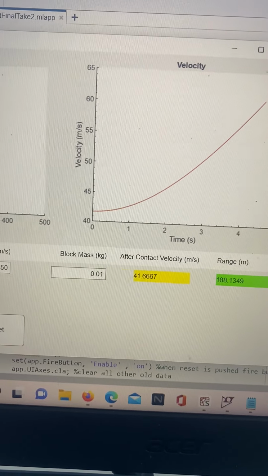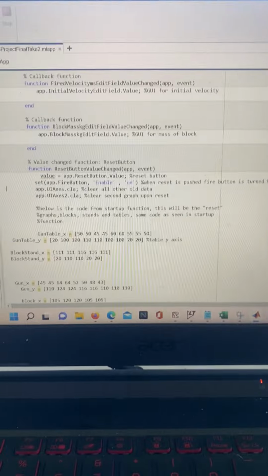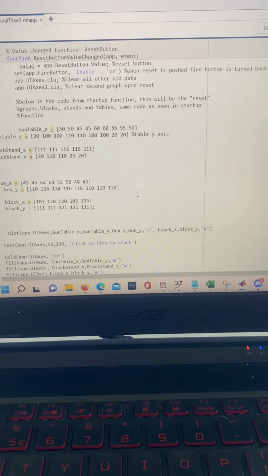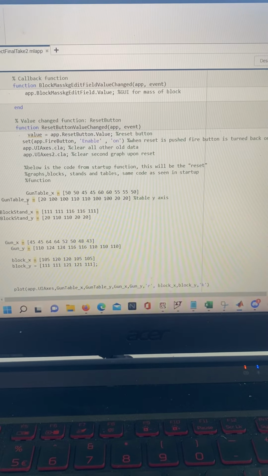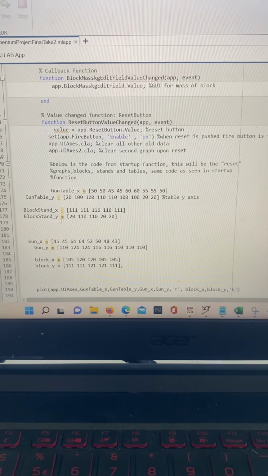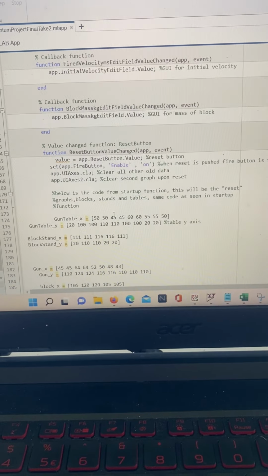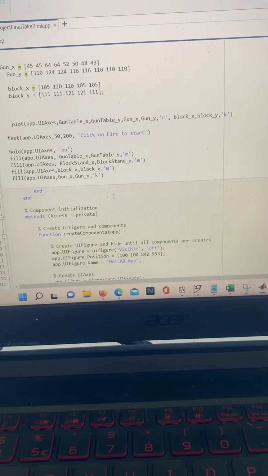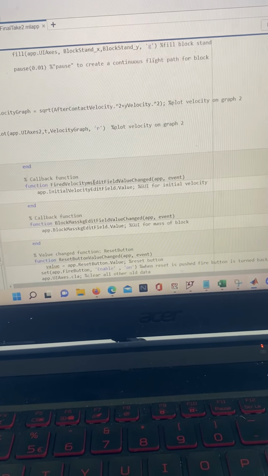And I can show you how I wrote that in my code. So here we had to define the block stand, the gun table, and the gun. We had to use vectors to define that, right here, and then it was filled in right down here. That's how we got the animation.